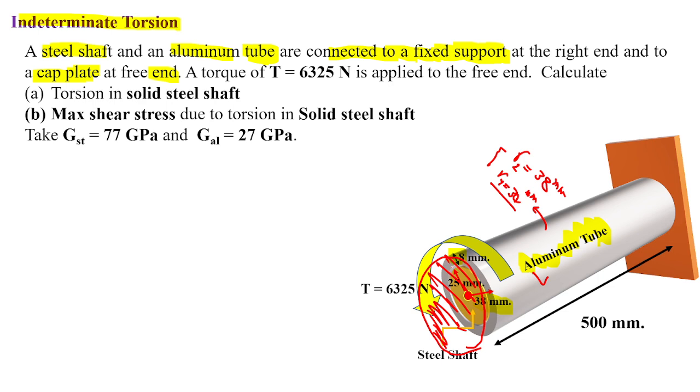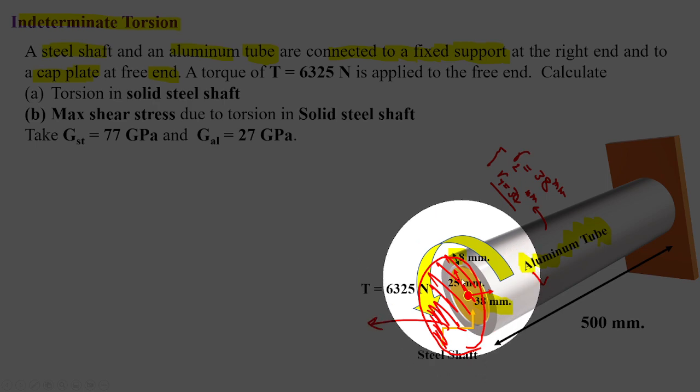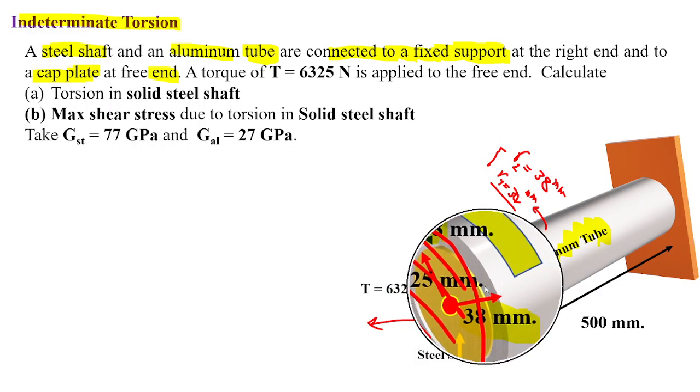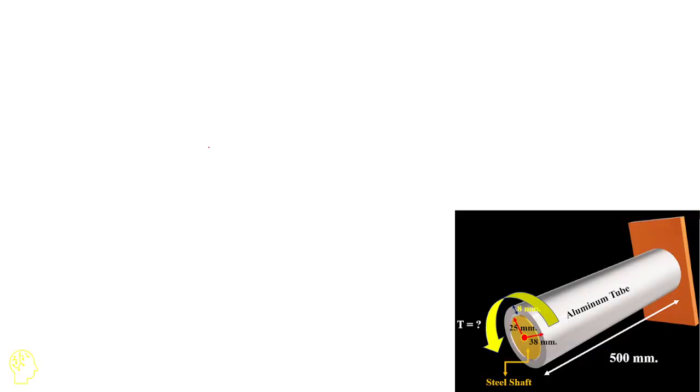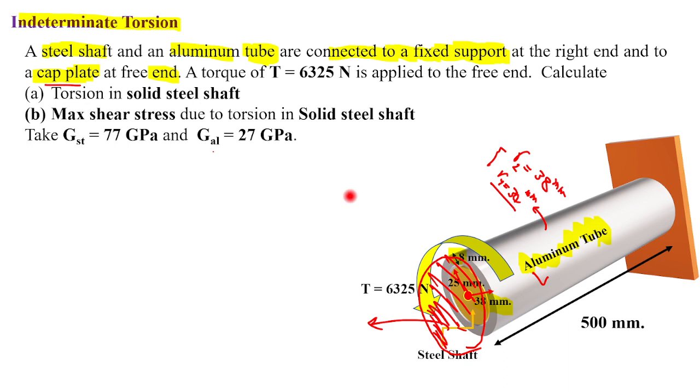We just take out the cap to show the effect of torsion in the cross-sectional area of our structure here. So there should be a cap to keep them in parallel condition. So a torsional torque of 6325 Newton meters is applied at the cap at the free end.